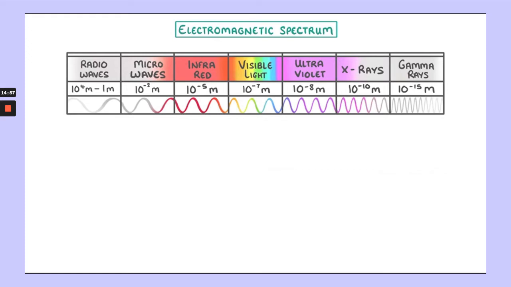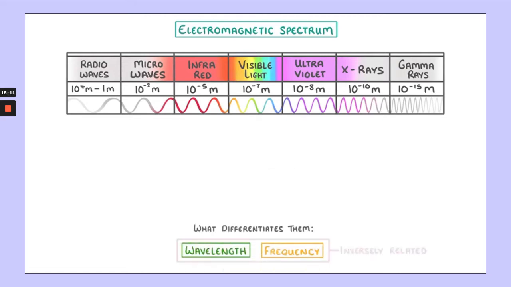As you can see in our table, we split electromagnetic waves into 7 basic types. but they're actually all part of one continuous spectrum. What differentiates them is their wavelength and their frequency, which are inversely related, which means that if one goes up, the other one goes down.